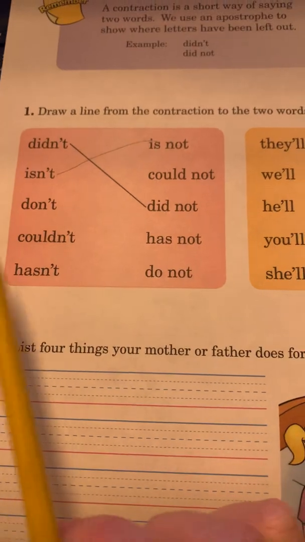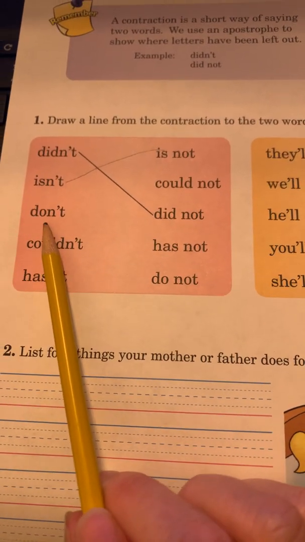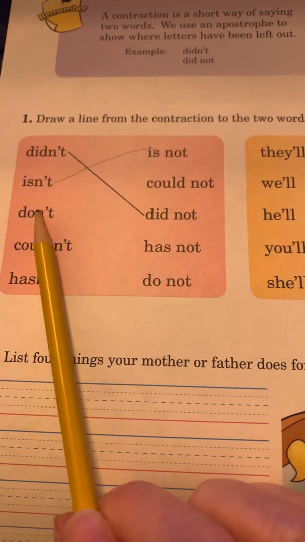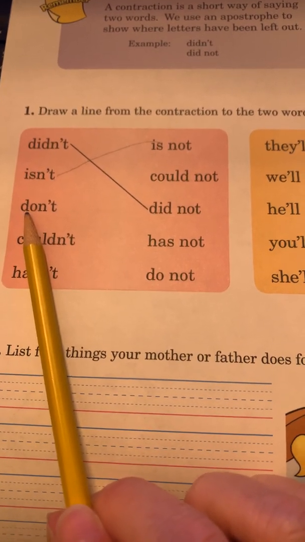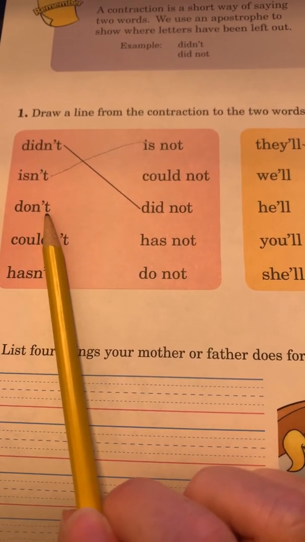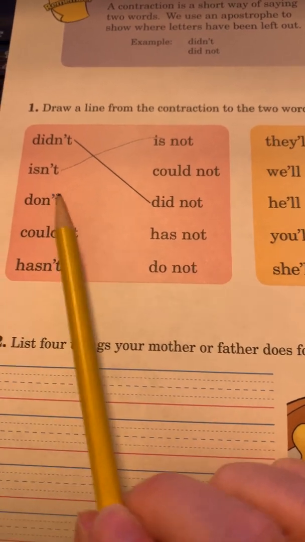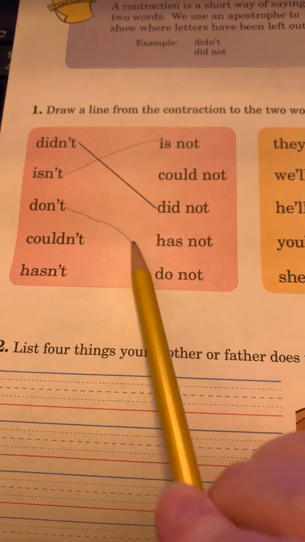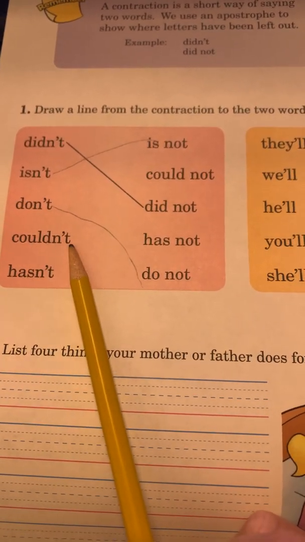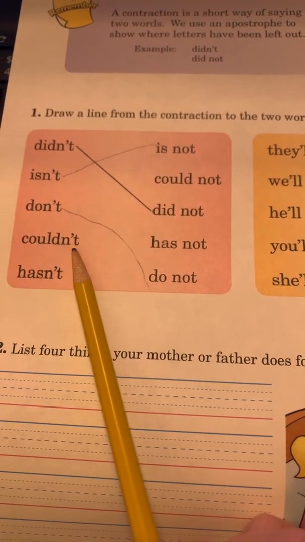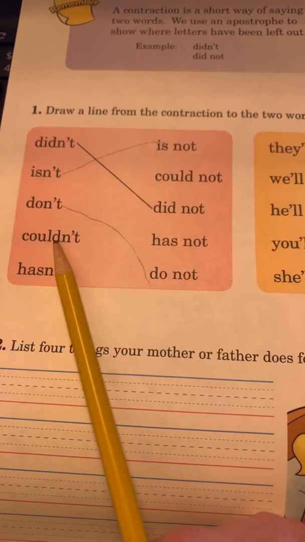Then we have don't, okay? I've got D-O-N, that takes the place of an O-T. So D-O is a word do. And then N-O-T is a word not. Do not. Don't is a contraction for the words do not. Okay, couldn't. What word do I see here in couldn't? I see the word could.